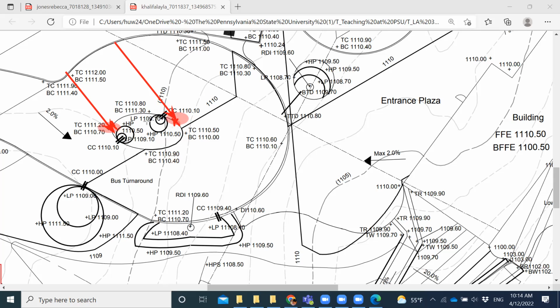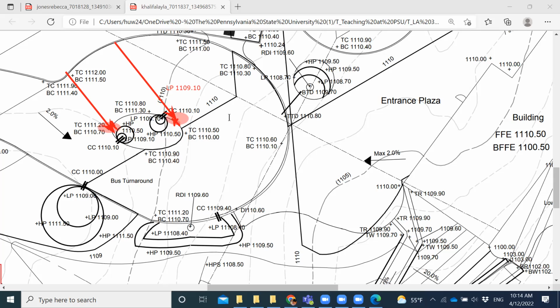So now you have your LP equals 1109.10, which is a foot lower than that one, which is good. Okay, so your LP would be 1109.10.